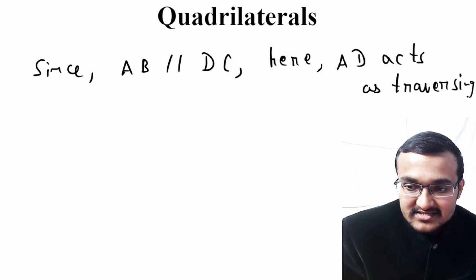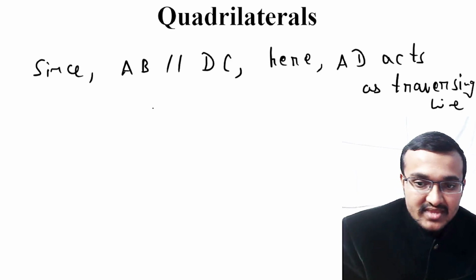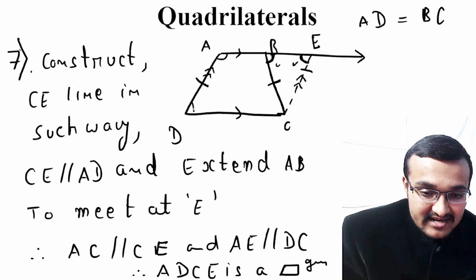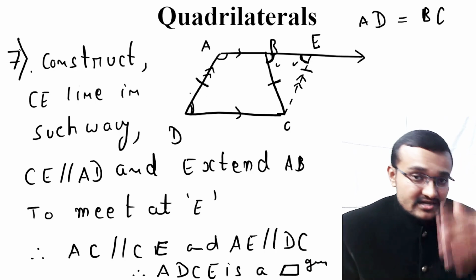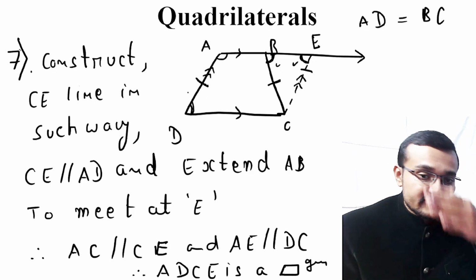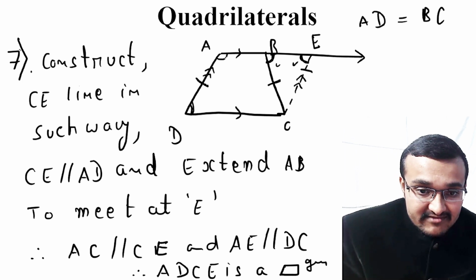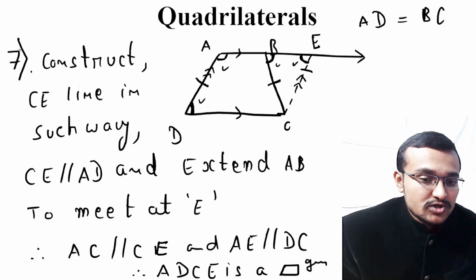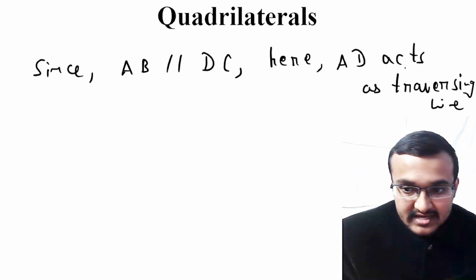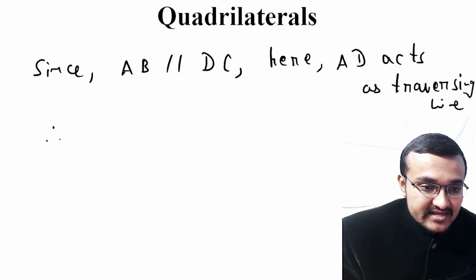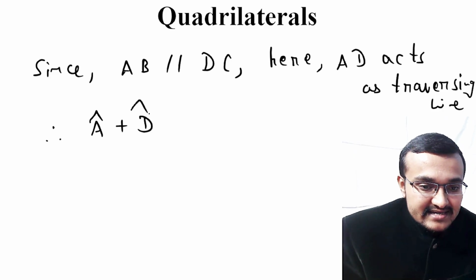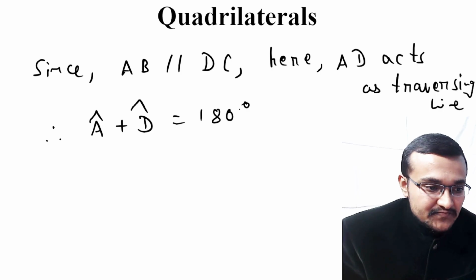Since AD acts as a transversal, the interior angles on the same side of the transversal between two parallel lines, if you take the sum of them, will be equal to 180 degrees. So here AD acts as a transversal. Therefore angle A plus angle D will be equal to 180 degrees.